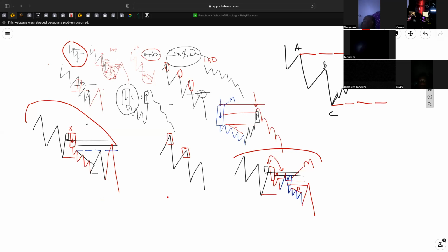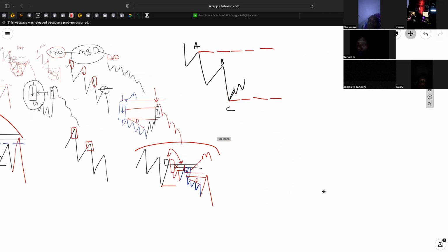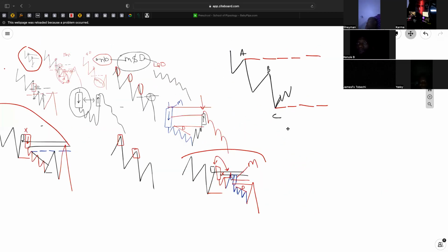But with the concept of incomplete pullback now, pay attention. Now we have I, low, I. Then market stops here. Then we have A, B, C. So let's say this is an incomplete pullback.